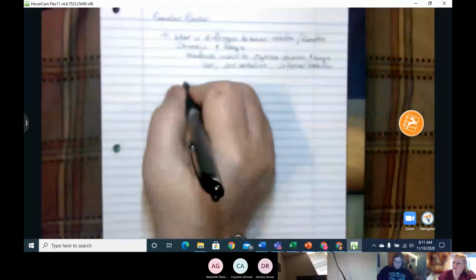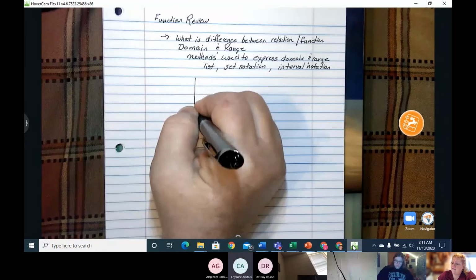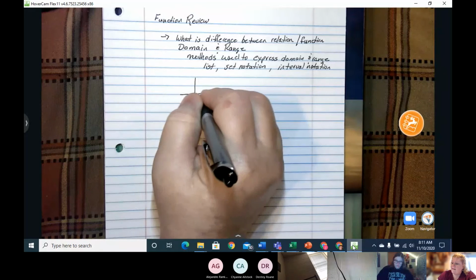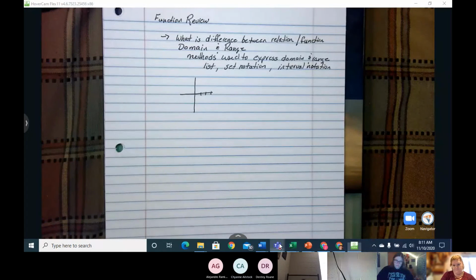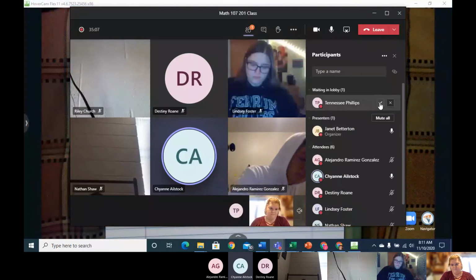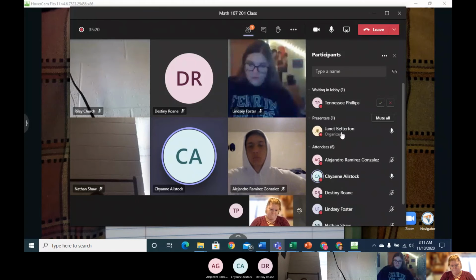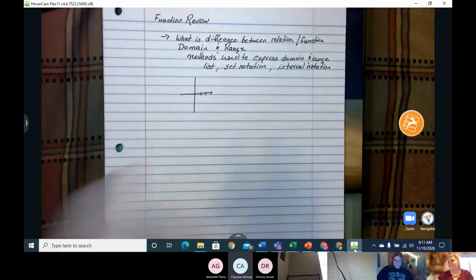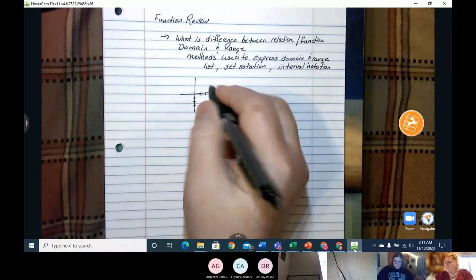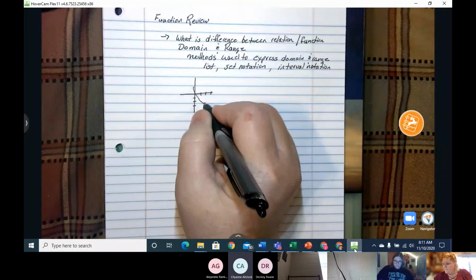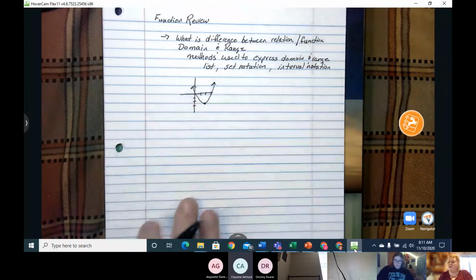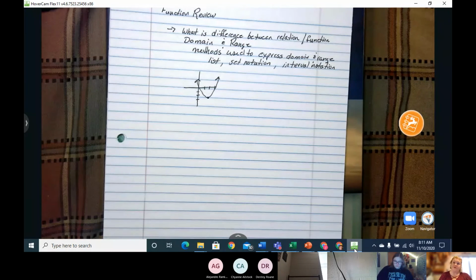In particular, if we were looking at the graph of a quadratic, and we wanted to talk about the domain for that particular quadratic.